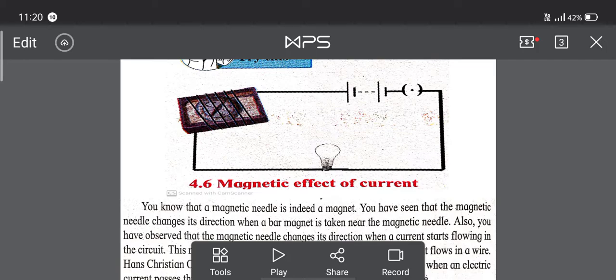Does the magnetic needle come back to its original position? Yes. When the plug key is open, the electricity flowing in the circuit stops, and that's why the magnetic needle comes back to its original position. So this means that a magnetic field is created when electric current flows in a wire.